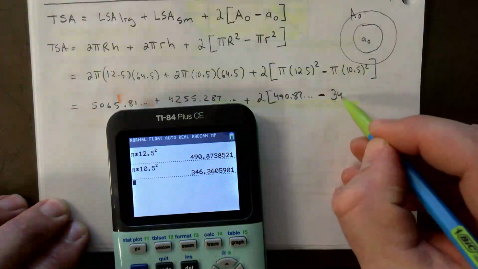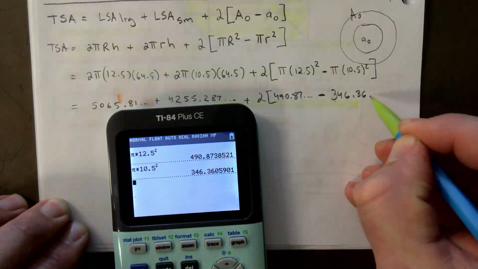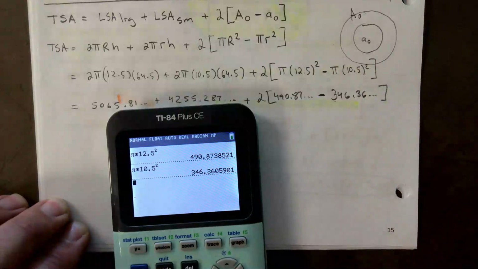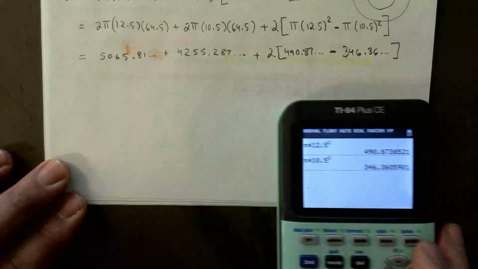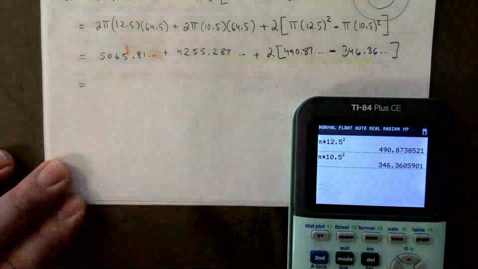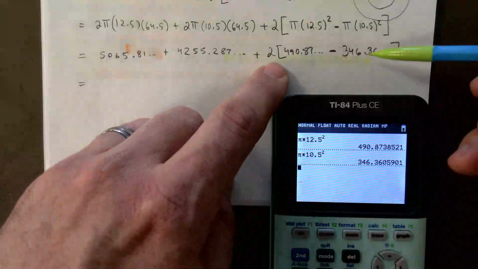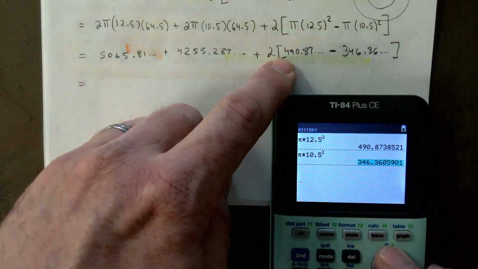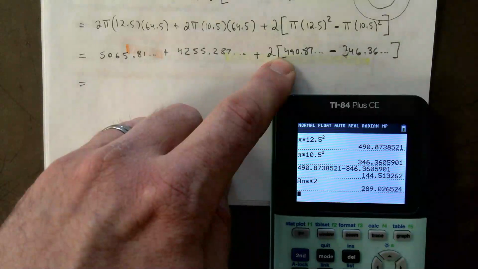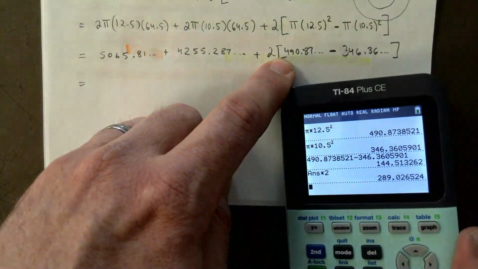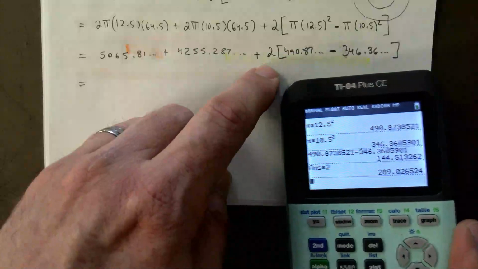That's 346.36. And here we go. I will first subtract these two back here and multiply it by 2. So I get 289.026.